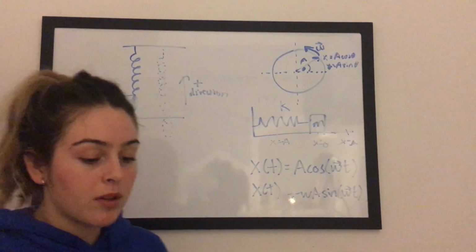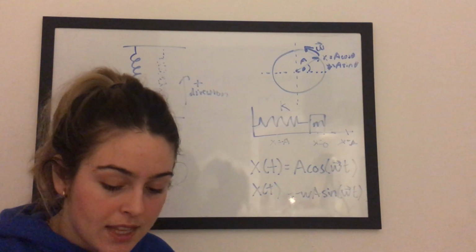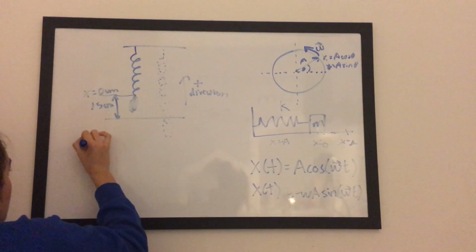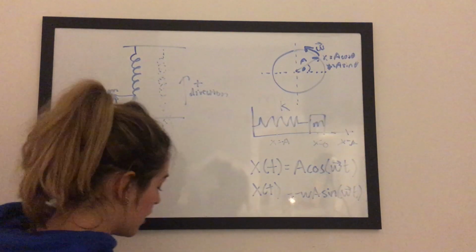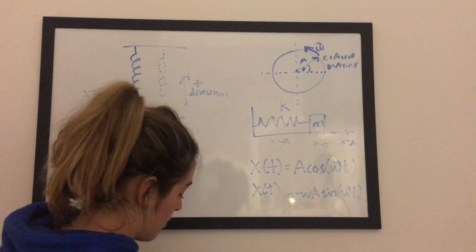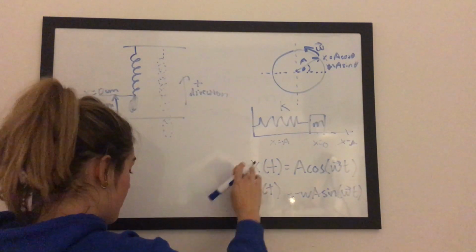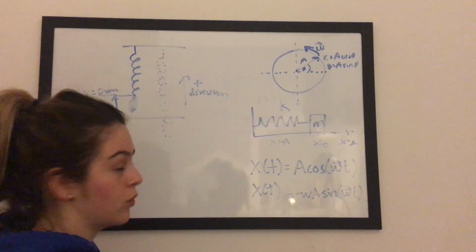Okay, so problem number 3 specifically asks, what is the position of the object at t equals 3.0 seconds? We know t is equal to 3. So we can go ahead and use our formulas here and plug in to find what the position will be.